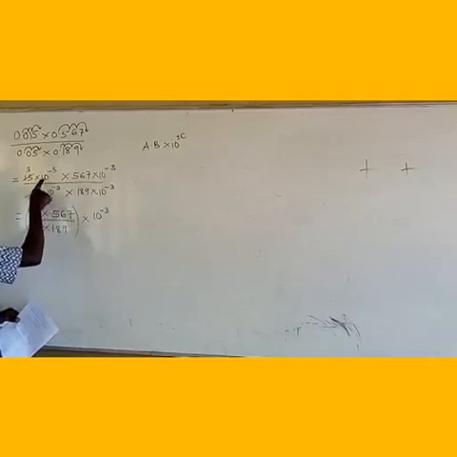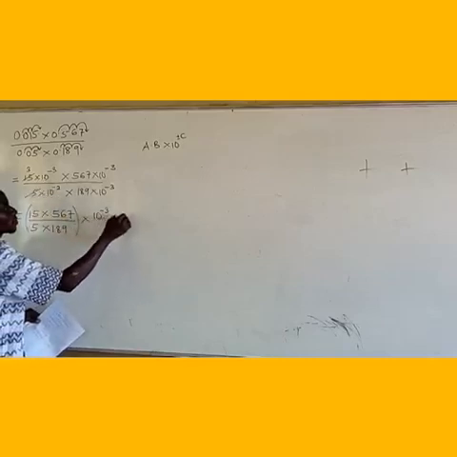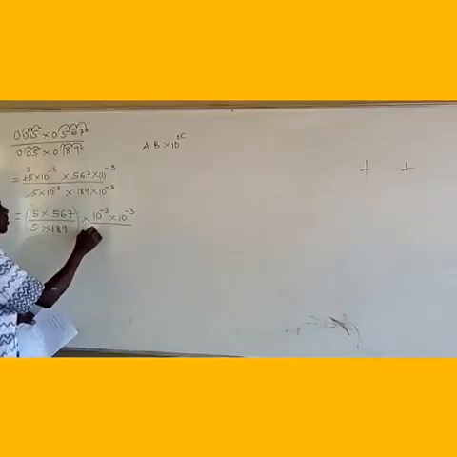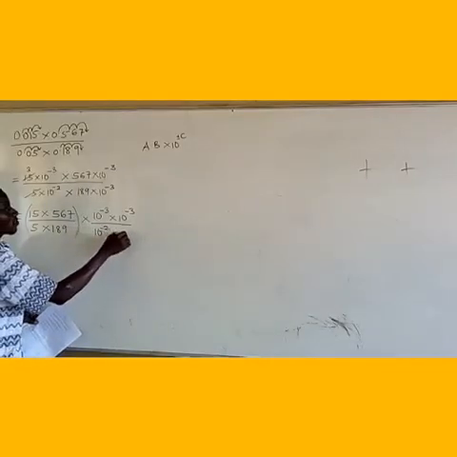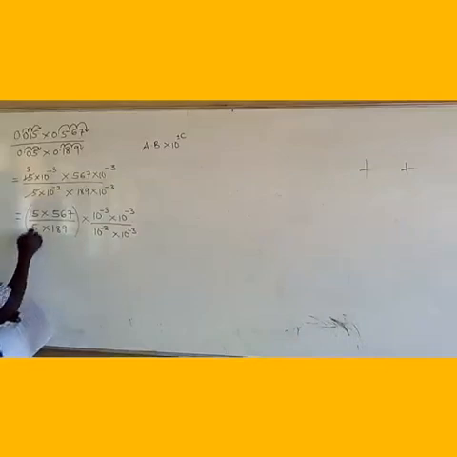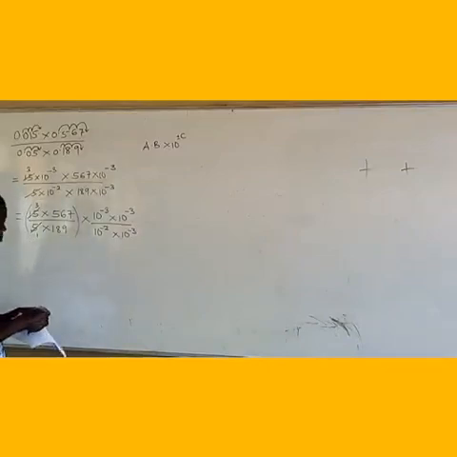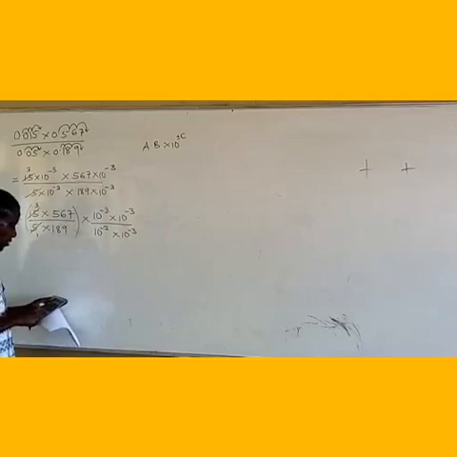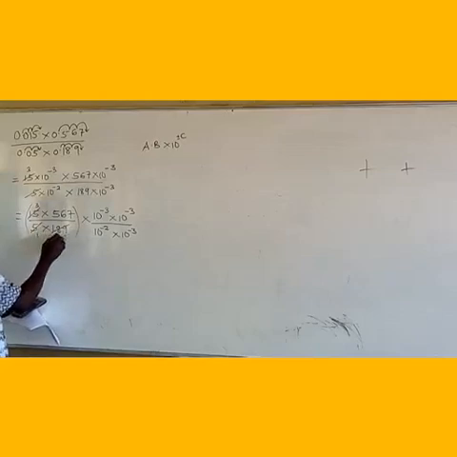With indices, we are multiplying all, so it will be 10 to the power negative 3 all over 10 to the power negative 2 times 10 to the power negative 3.